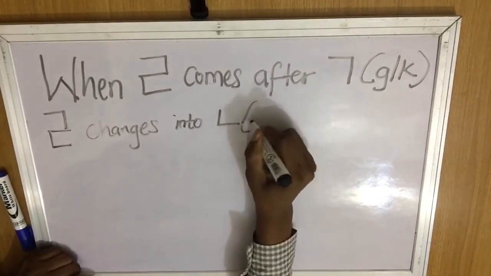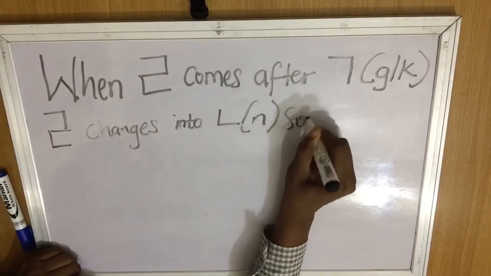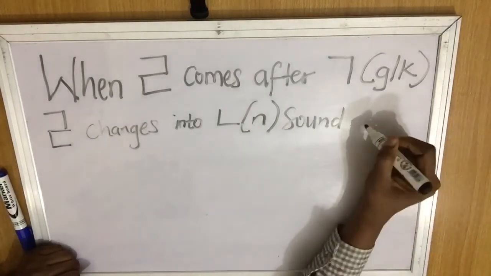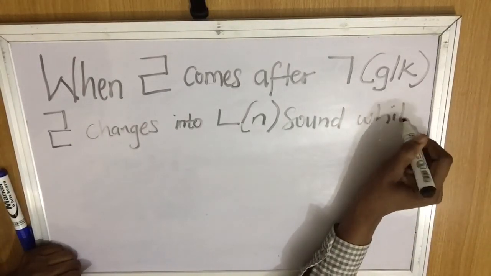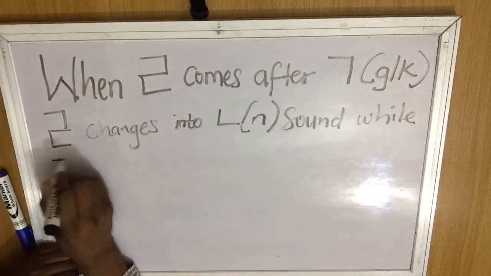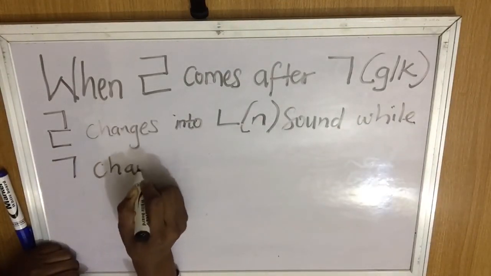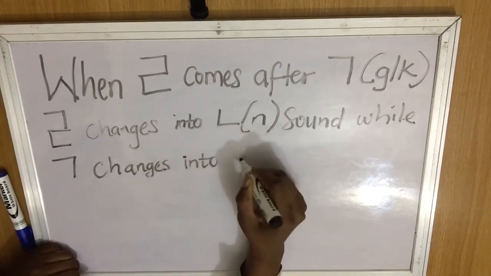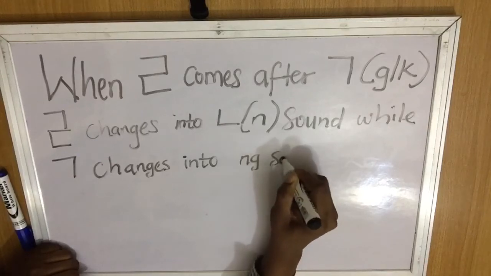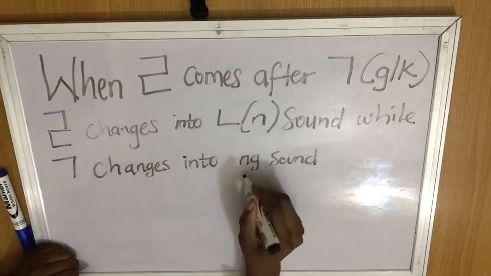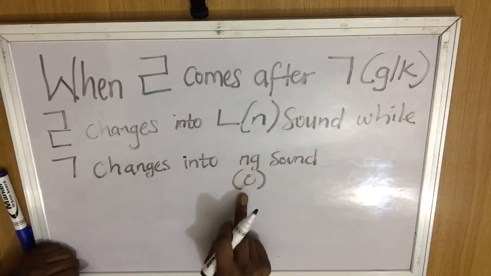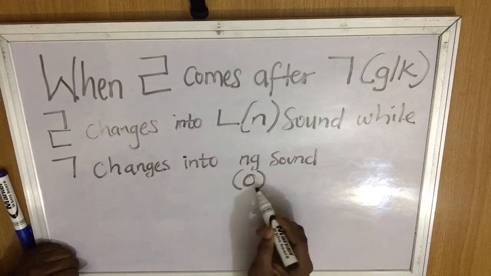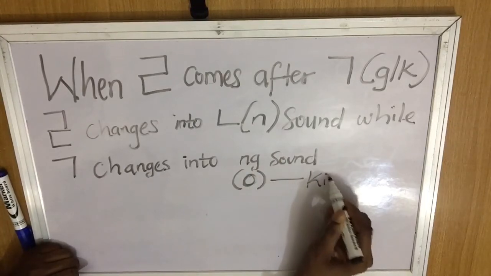Into neon sound, while D changes into NG sound. This NG is the symbol for NG in Korean. It's like a circle. As in king.